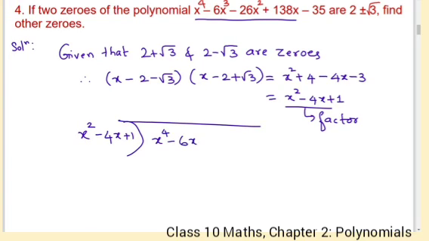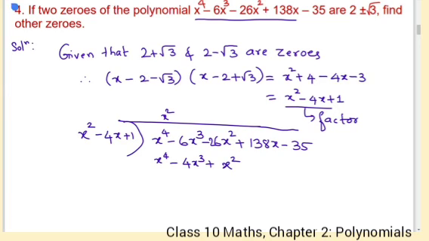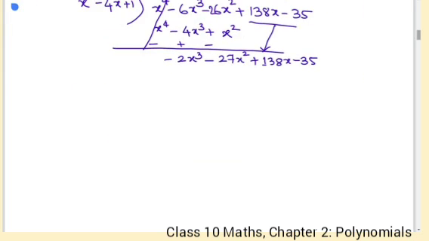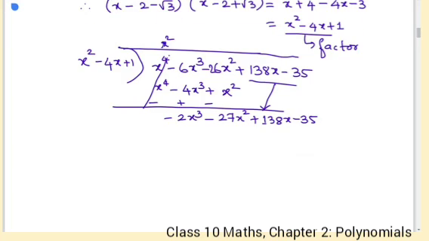Now let us divide p of x with the factor. So p of x is x raised to 4 minus 6x cube minus 26x square plus 138x minus 35. Divide it with x square minus 4x plus 1. We will get a quotient, first x square, minus 2x.